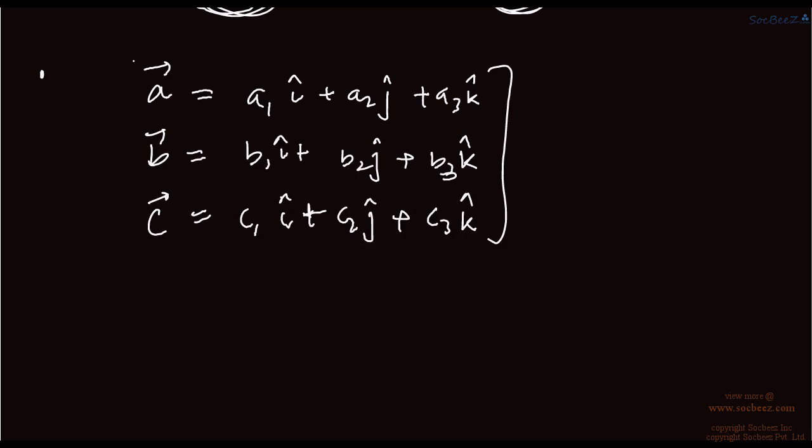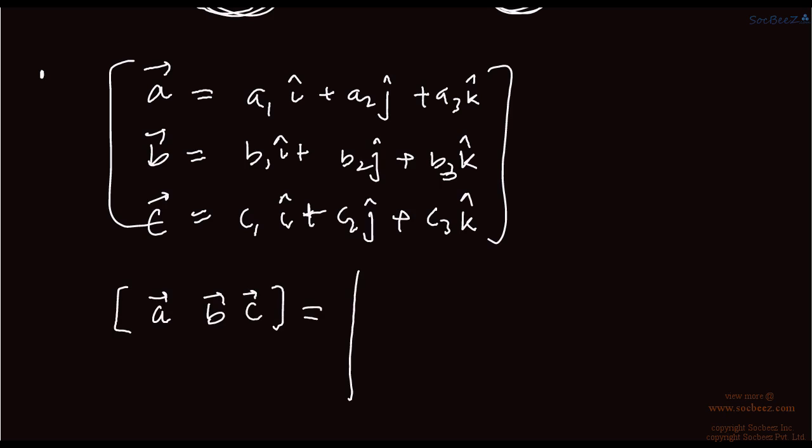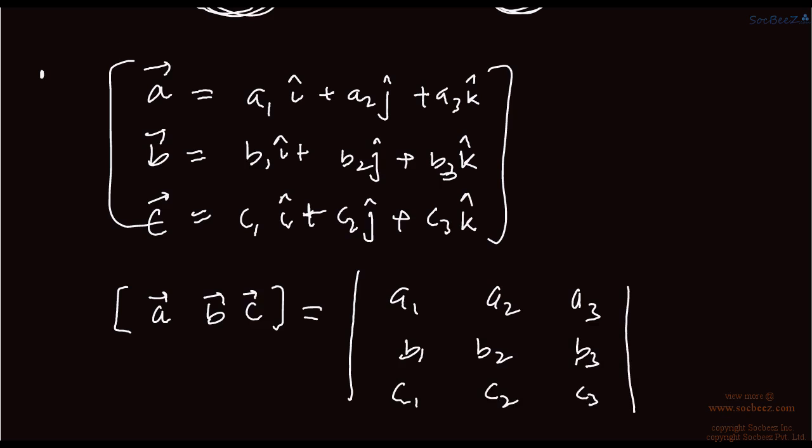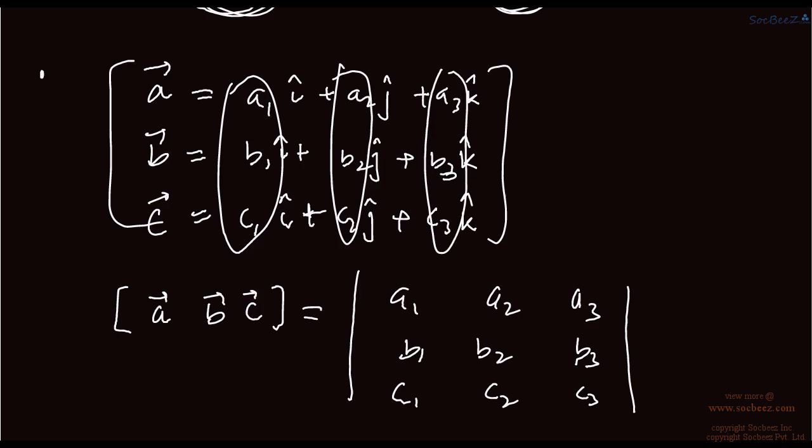Okay, you have three vectors A, B and C. Then how is this defined? This can be written as a scalar quantity: you have to just find the determinant of these coefficients A1, A2, A3, B1, B2, B3 and C1, C2, C3.